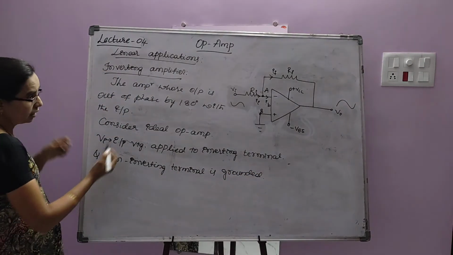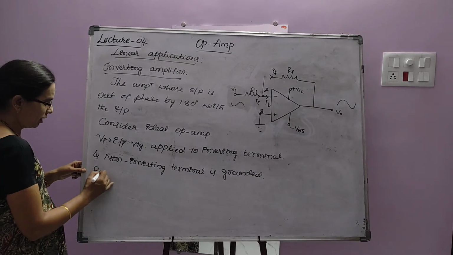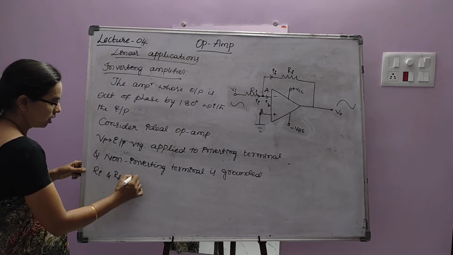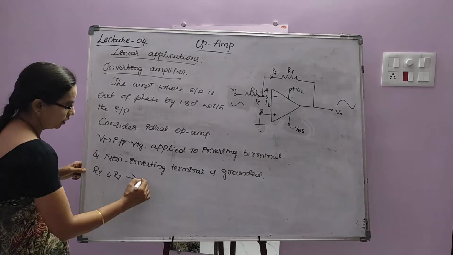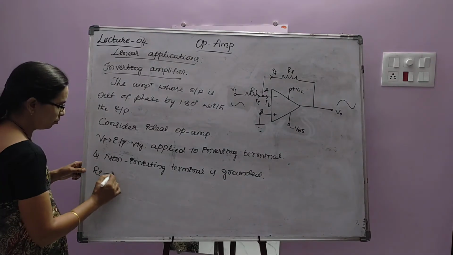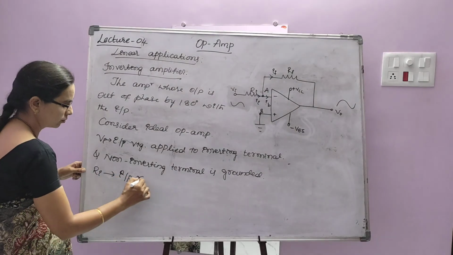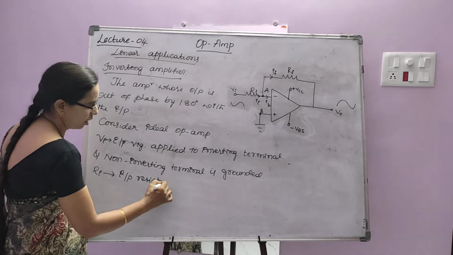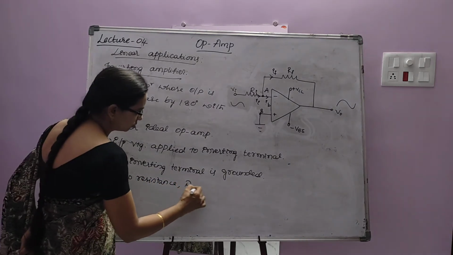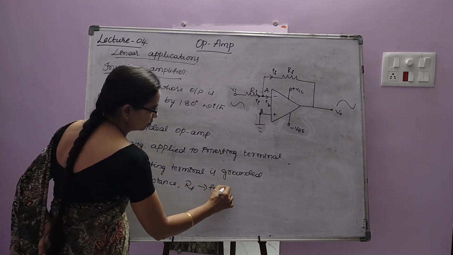Ri is the input resistance and Rf is the feedback resistor.